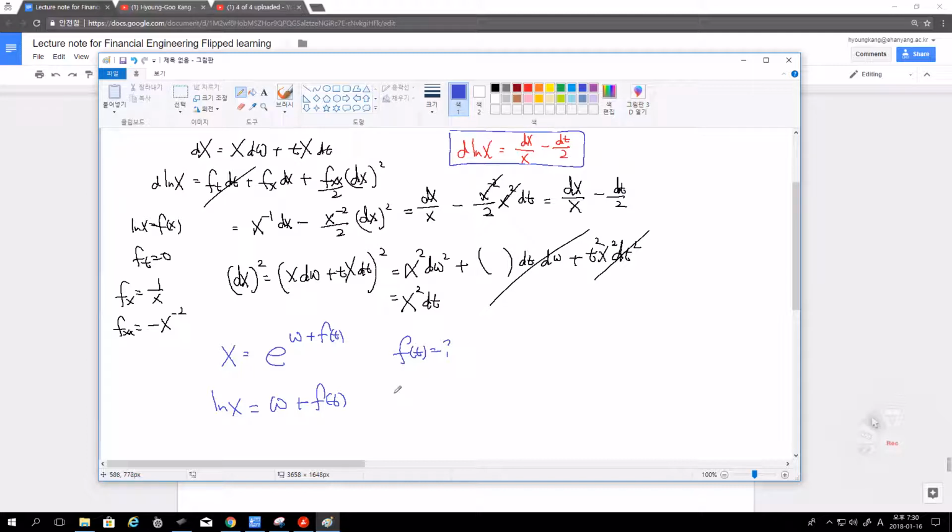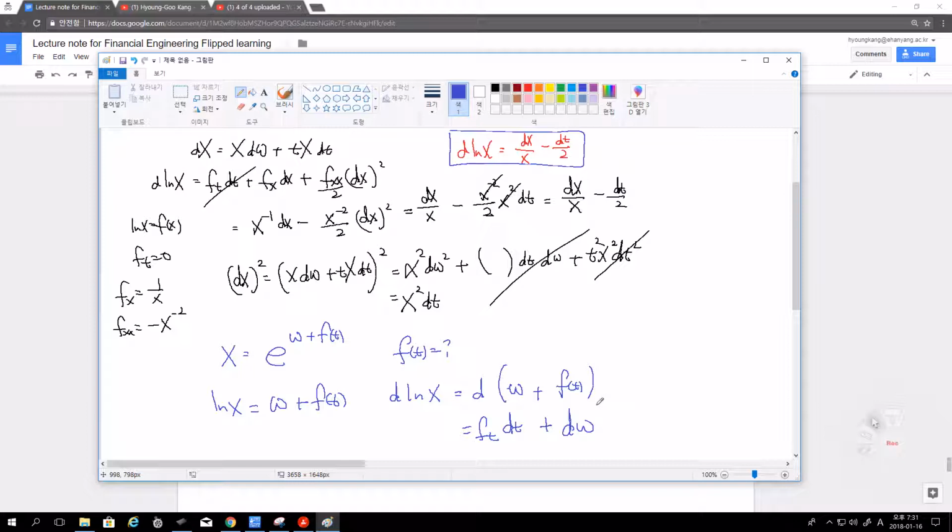If we now calculate d log X, it is f'(t) dt, and W is simply dW, and that's all.